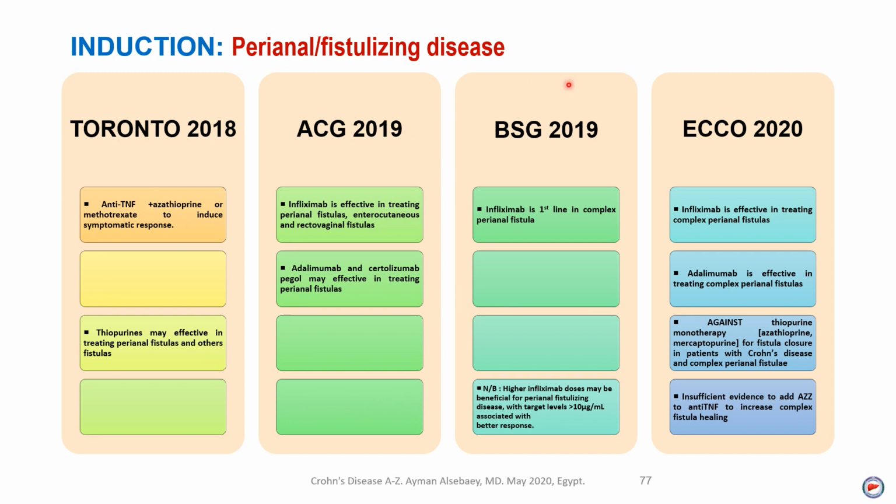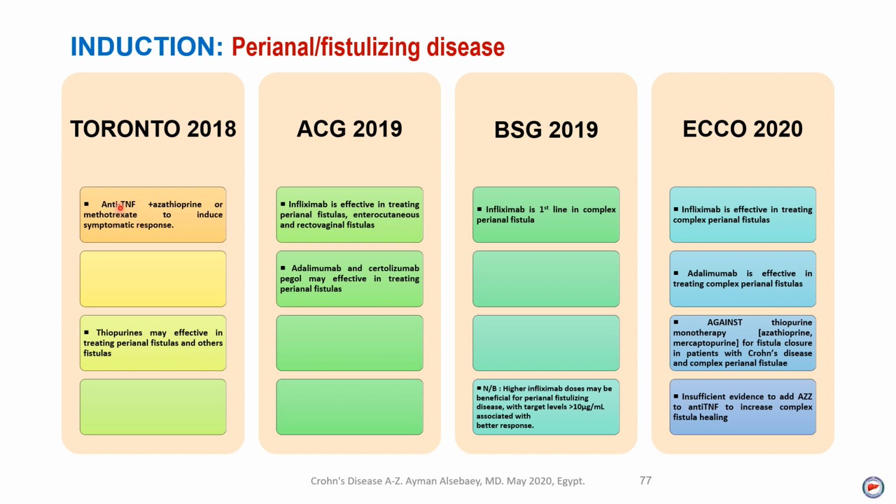What are the medical drugs that were used in the treatment? The only medical drugs now approved for treatment of perianal fistula are infliximab number 1, then adalimumab. These are the only two drugs approved nowadays.